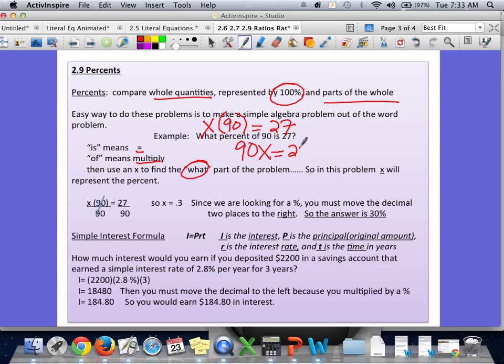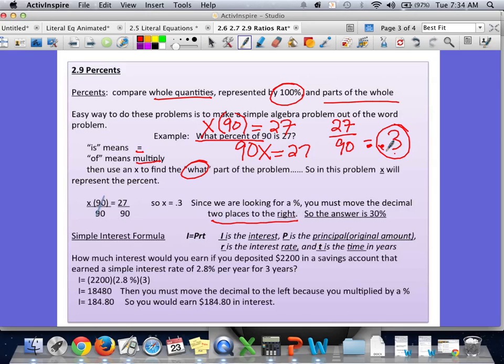And then you just divide 27 divided by 90, and you get 0.3. Since we're looking for a percent, whenever they ask you for a percent, this decimal right here is not the percent. You must move the decimal 2 places to the right.